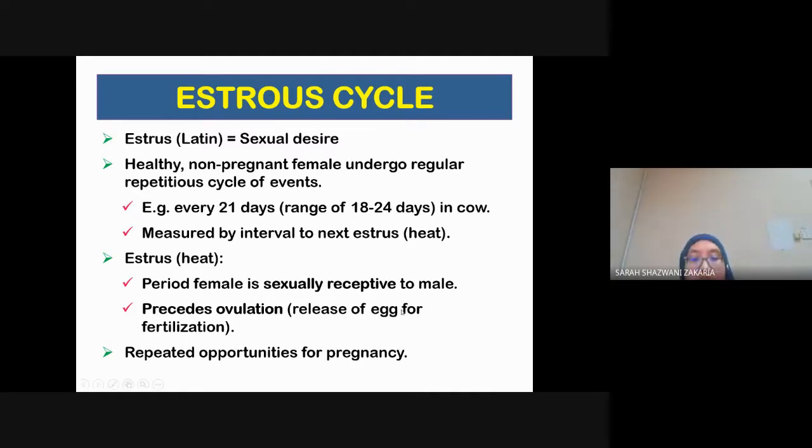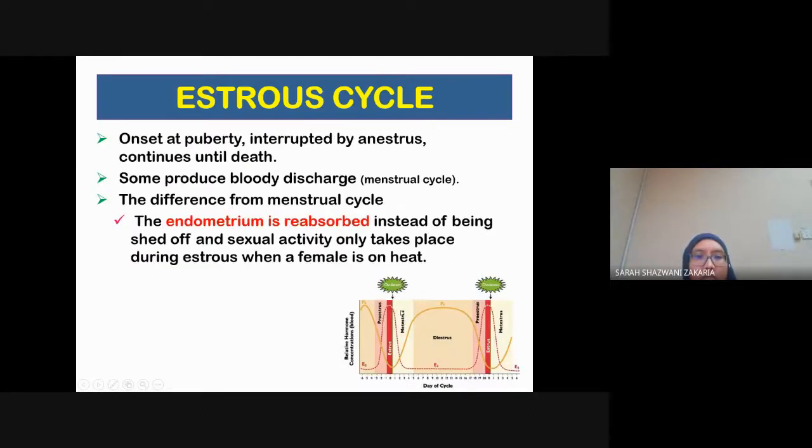This part talks about the starting point of the female mammal or animal becoming reproductive. During the juvenile stage, the cubs are not in an estrous state.